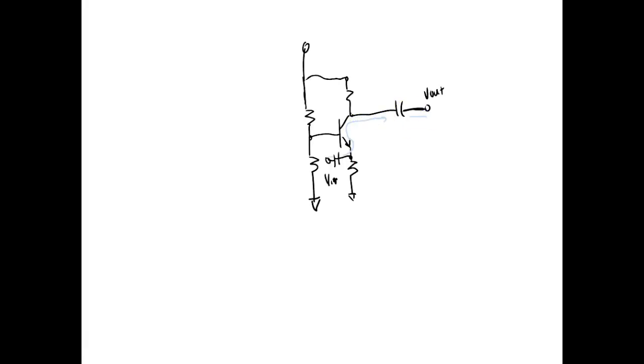So we have very, very low input impedance on a common base amplifier, because the current is basically coming from the source.